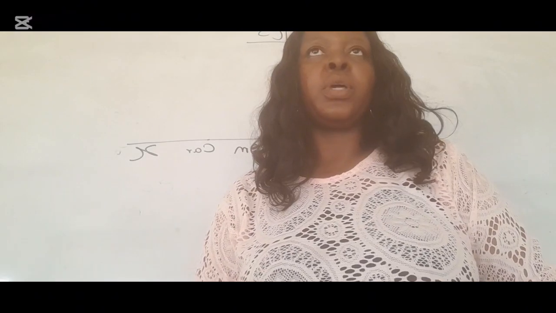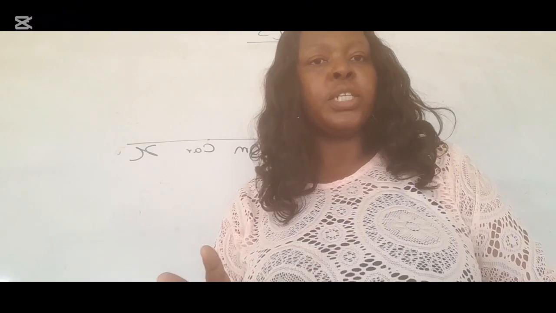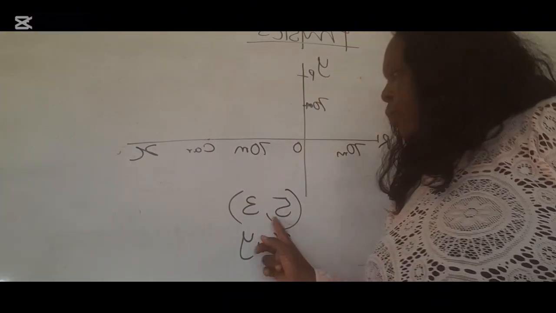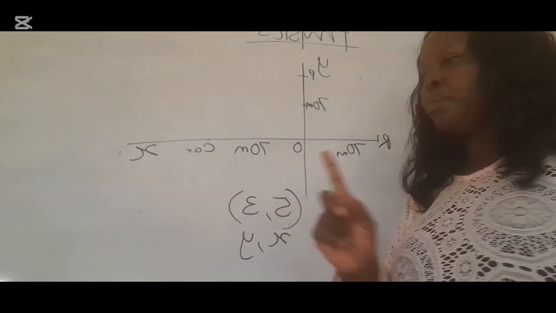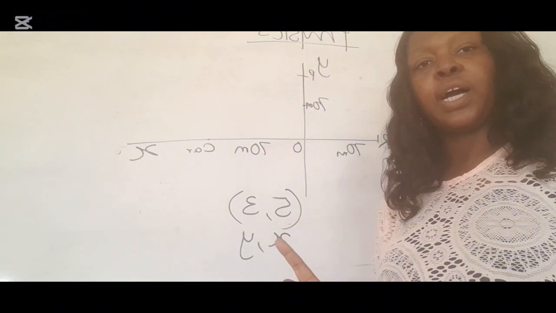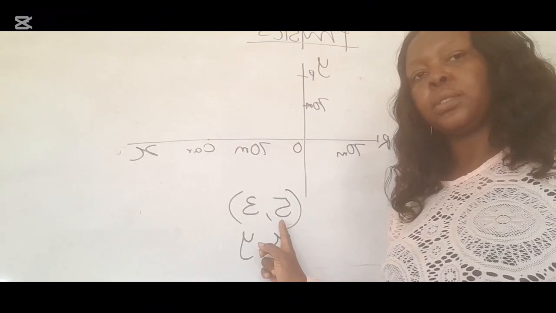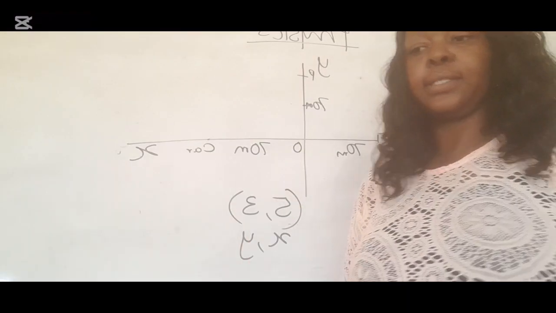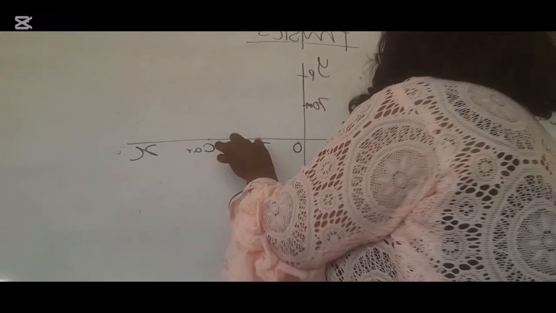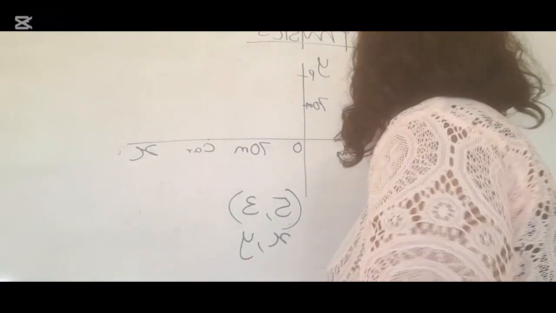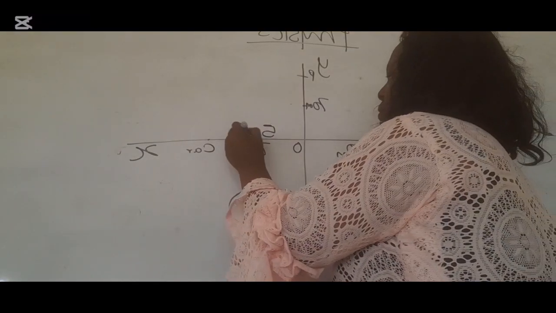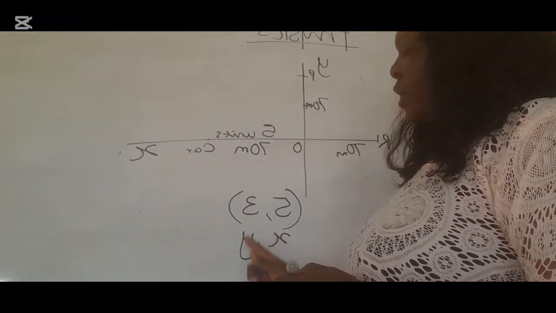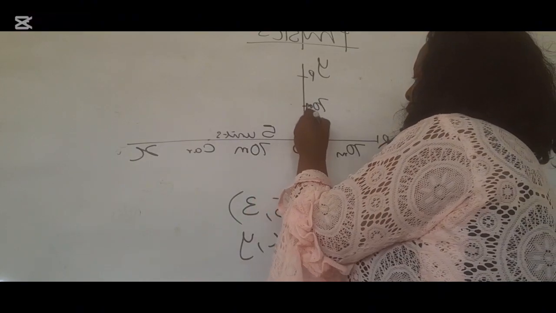An example: if we were given the coordinates of a car as 5 and 3, it means the position of the car is 5 units on the x-axis and 3 units on the y-axis.